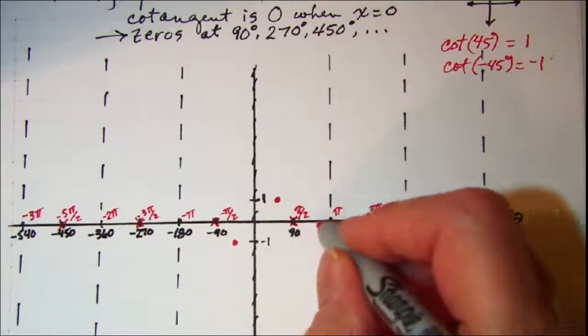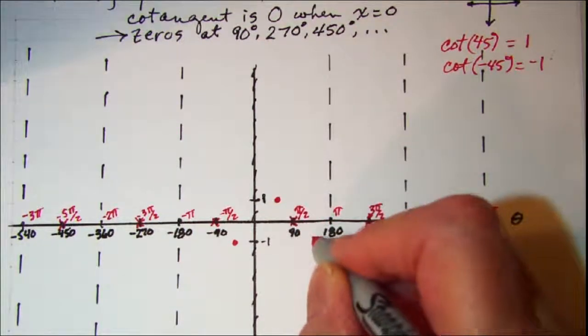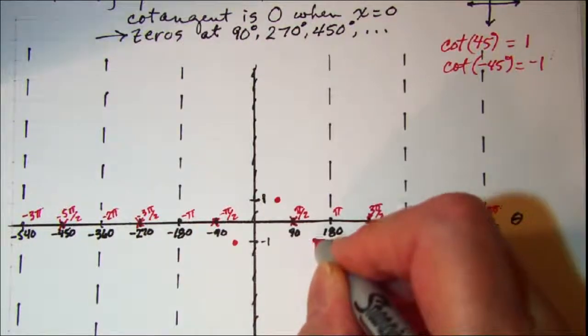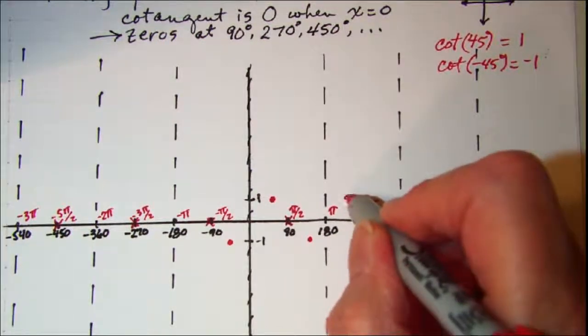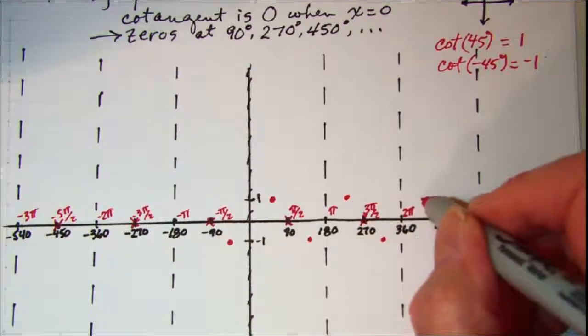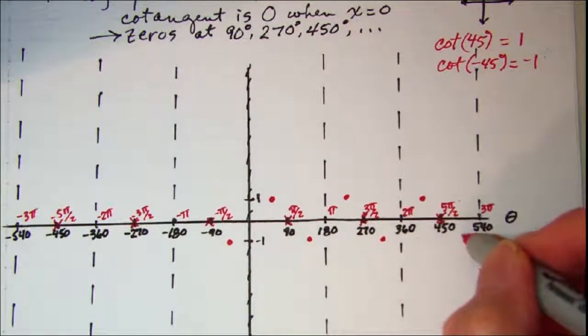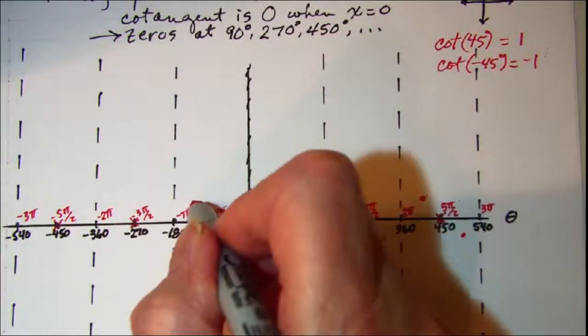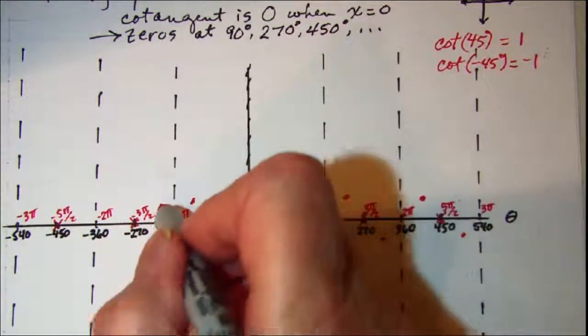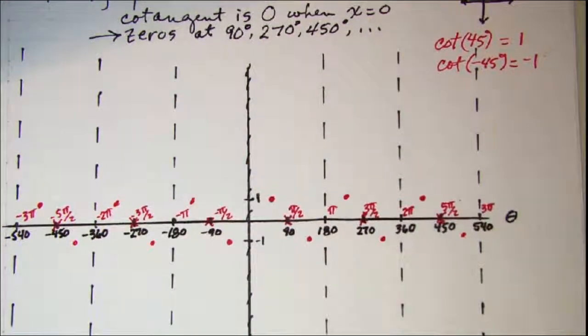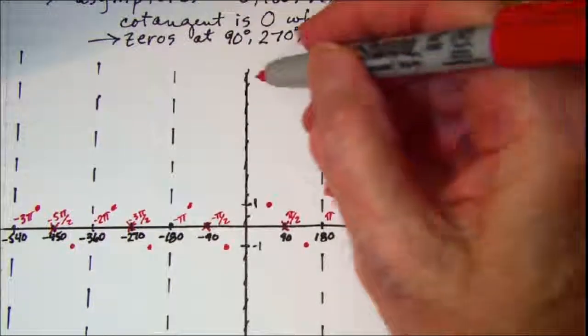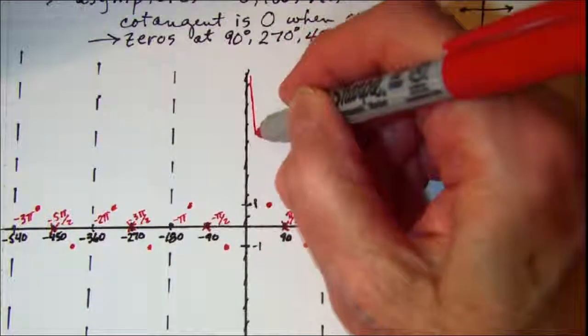In quadrant 2, my cotangent is negative 1. So I can go ahead and put my values where cotangent is 1 and negative 1. I can put those in there. That'll give us some points to connect. So I have a cotangent curve that looks like this.